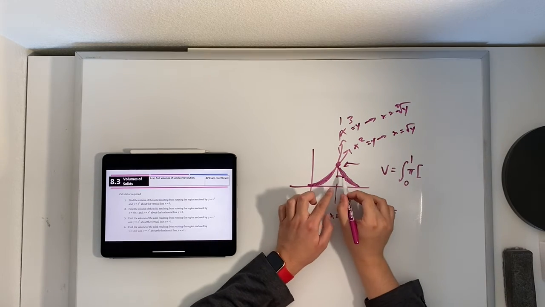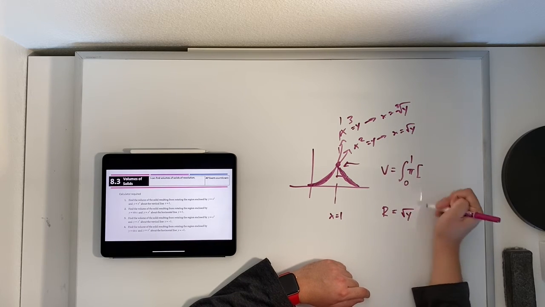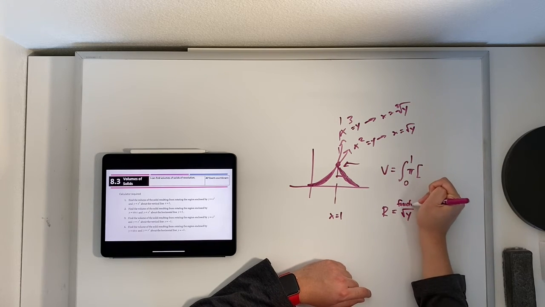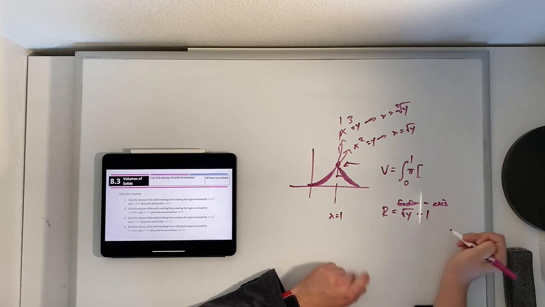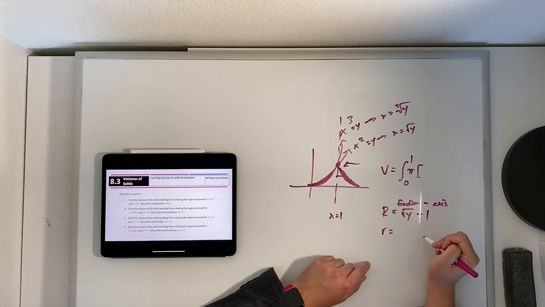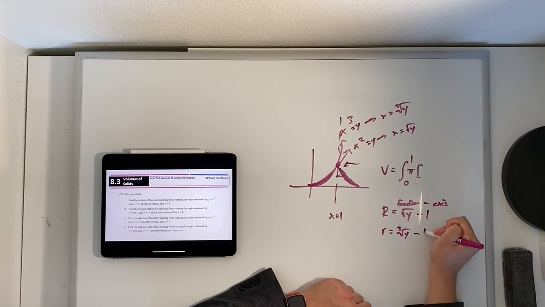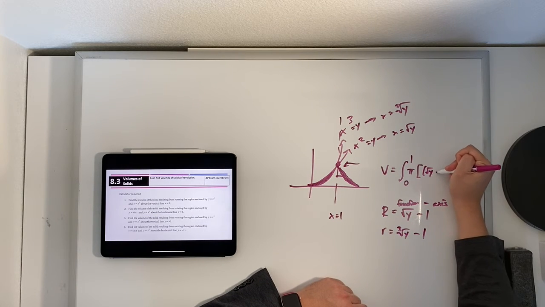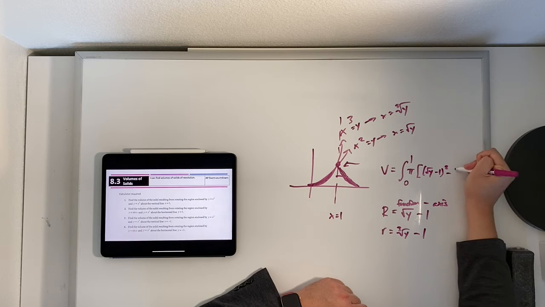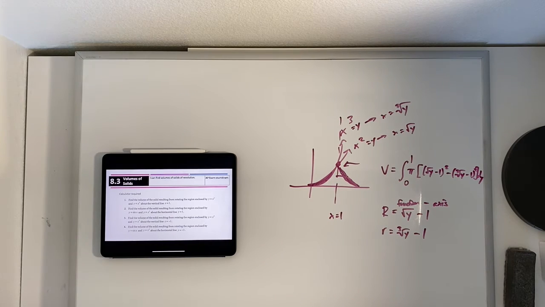So the function that's further away is actually the square root of y. And remember, this is function minus our axis of revolution, in this case, 1. Little r, the closer function, the cube root of y, function minus axis of revolution. We plug this in, squaring both of these, big R minus little r squared dy, since this is in terms of y.